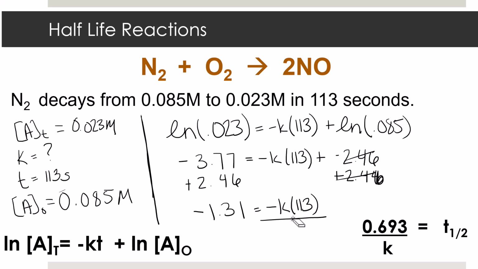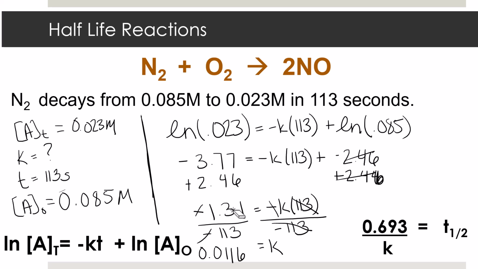Now to get k by itself, I'm going to divide by negative 113. That cancels, that cancels. Whatever I do to the left side, I also have to do to the right side. So the negatives cancel, and k equals 1.31 divided by 113, which is 0.0116.